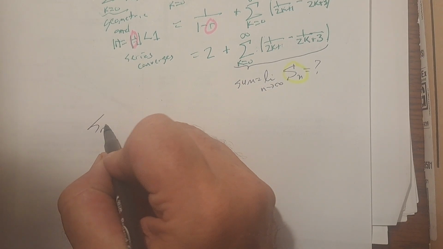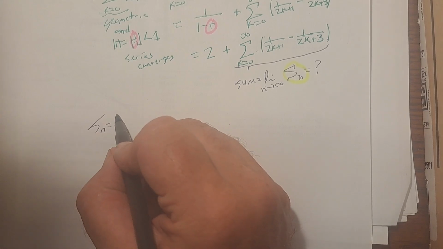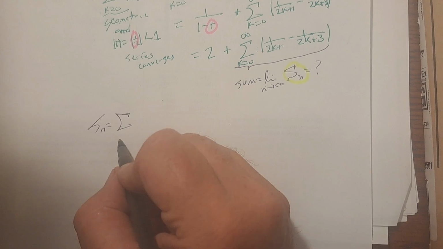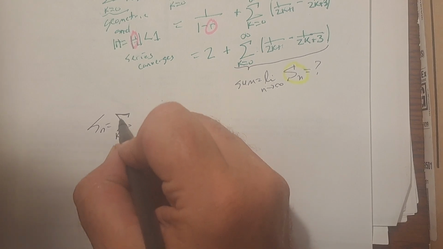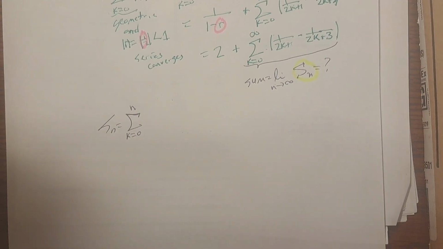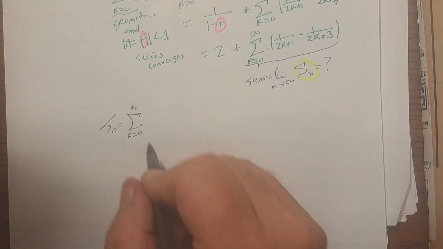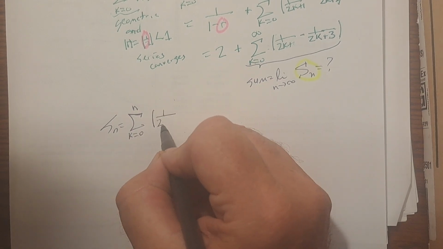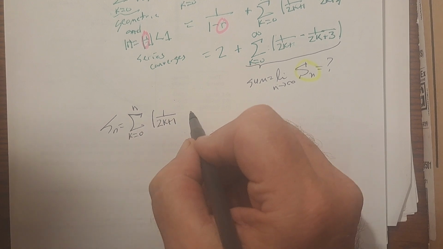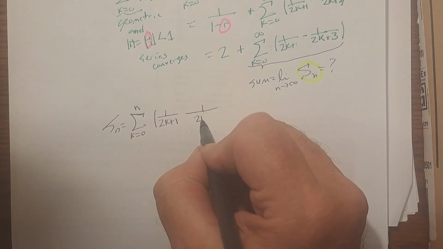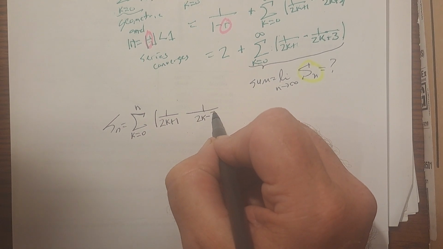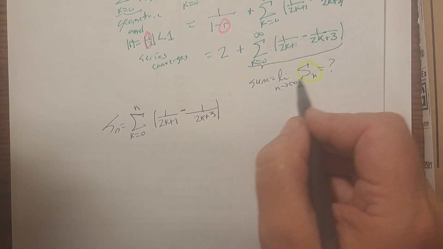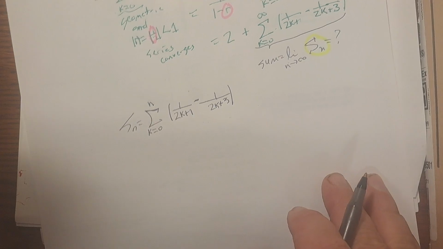The nth partial sum is what you get when you stop at n. Once I have it for the first n terms, then I'll take the limit.